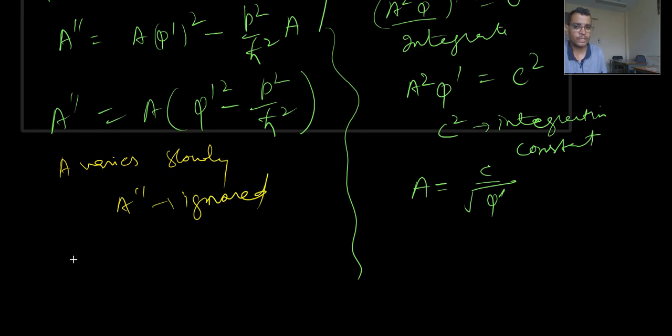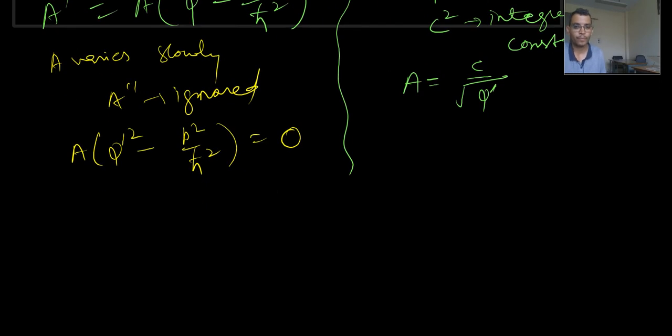So if I ignore it, then a times phi prime square minus p square over h cross square is equal to 0. What does it mean? That means phi prime square is equal to p square over h cross square.